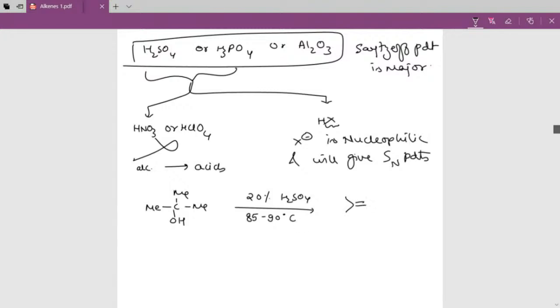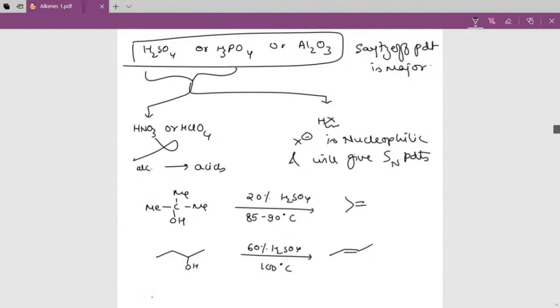You will have isobutylene as a good yield product. Okay, no problem. If I take a 2 degree alcohol, then I need 60% strength of H2SO4 and 100 degrees centigrade is the temperature. Then I will have butene.